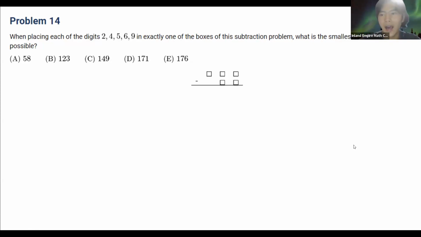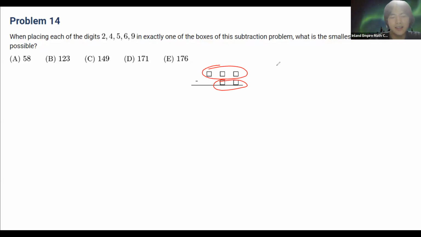Whenever you have a minimization problem that involves a subtraction, what you want to do is maximize the number you're subtracting and minimize the number you're subtracting from. This way, the difference will be minimized. Since we're subtracting a 2-digit number from a 3-digit number, we want to make the top number as small as possible and the 2-digit number as great as possible.